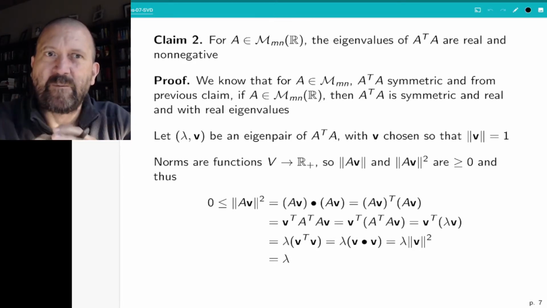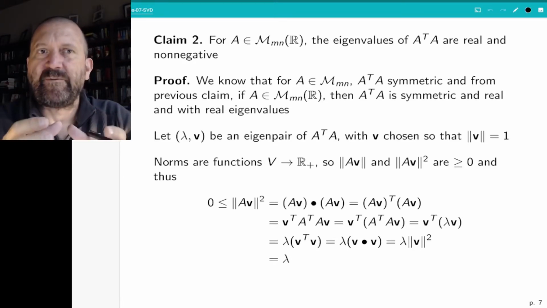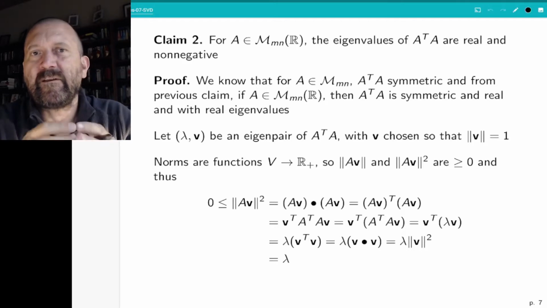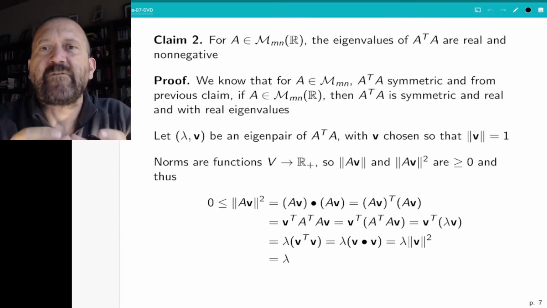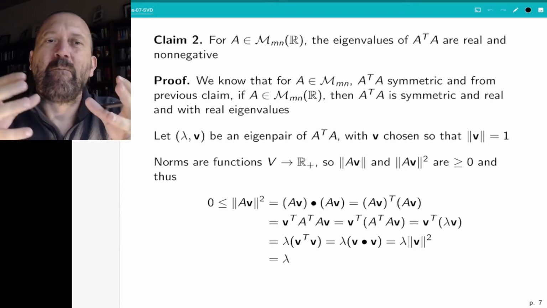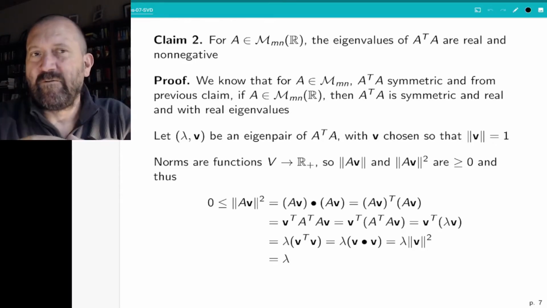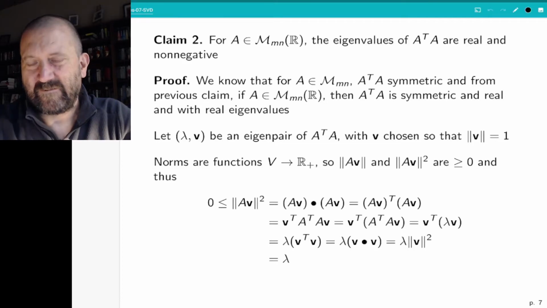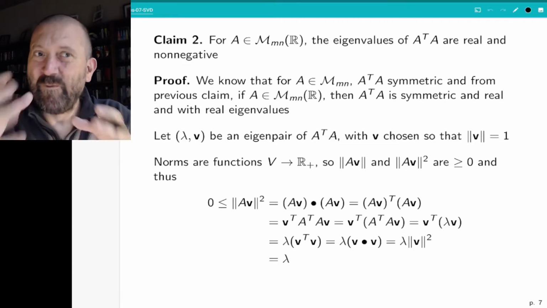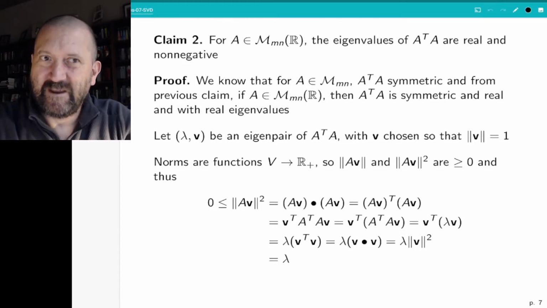I'm not talking about any real symmetric matrix. I'm talking about a real symmetric matrix that is made by taking the transpose times the matrix. This property is not a property of all real symmetric matrices.